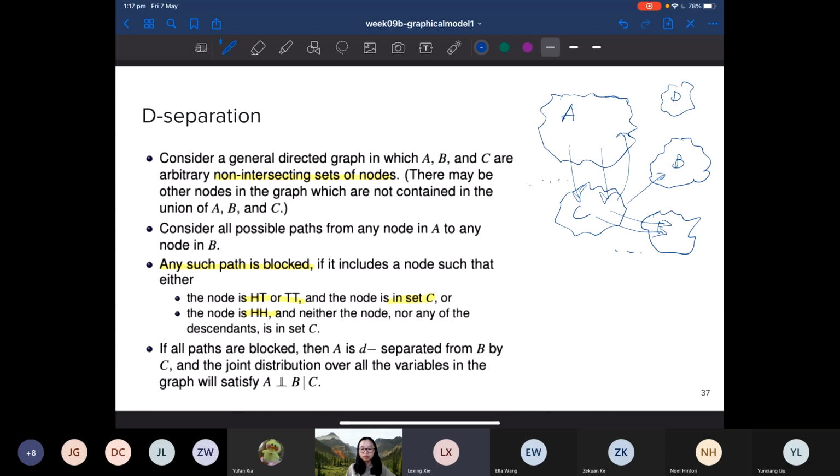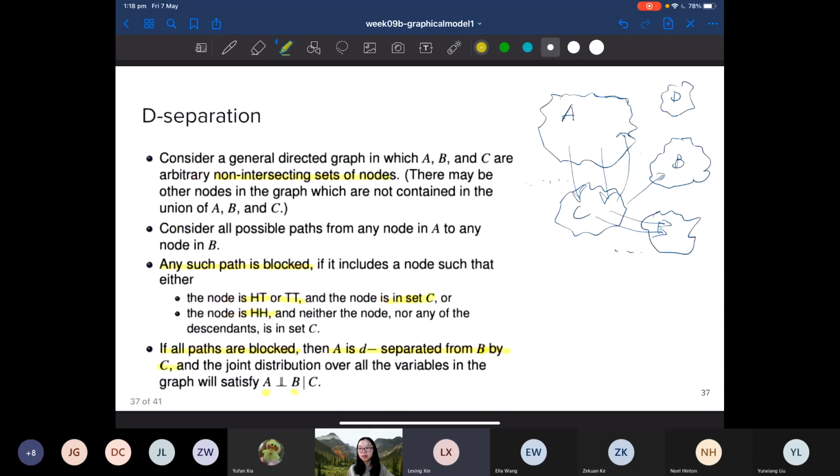So far this has no new content. We're just looking at sets of paths rather than one path, right? The jump from 3-node patterns to the entire network is now: if all paths are blocked, then A is D-separated from B by C, or conditional on C. And the joint distribution of all the variables in A is independent of all the variables in B conditional on C. So that's D-separation for us.